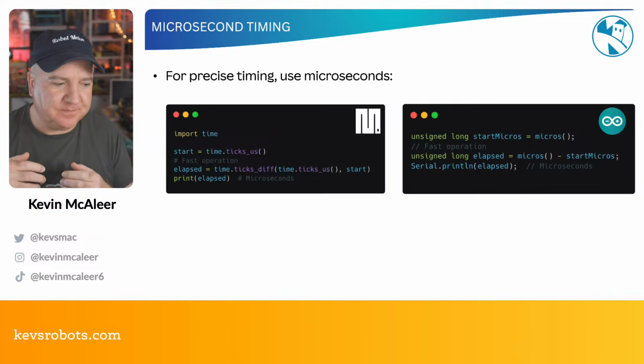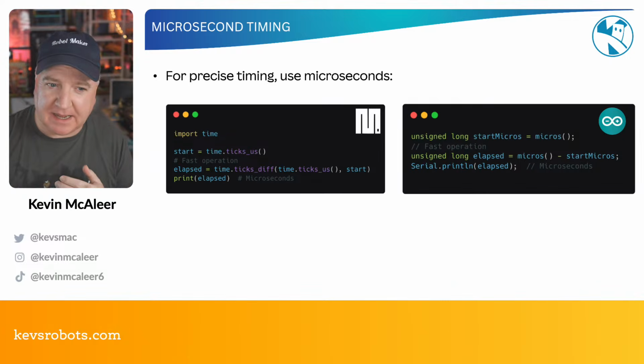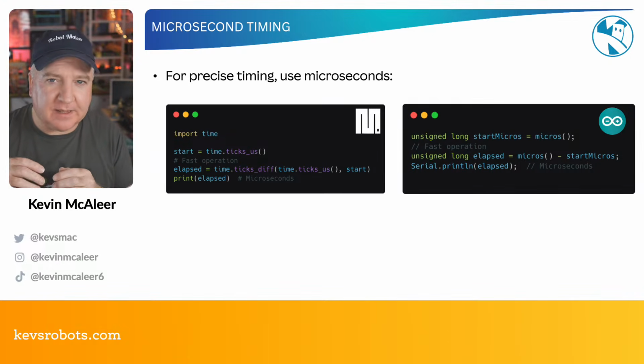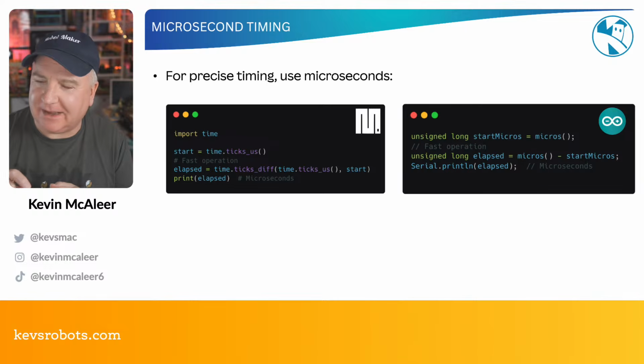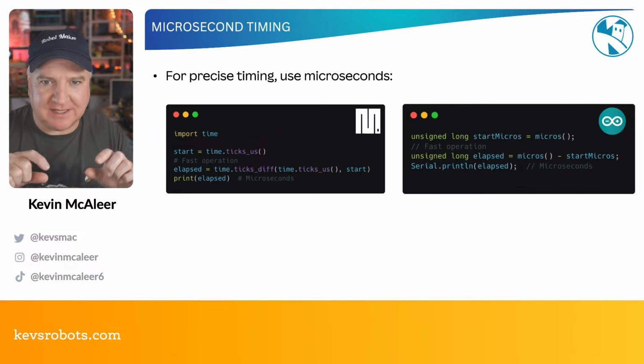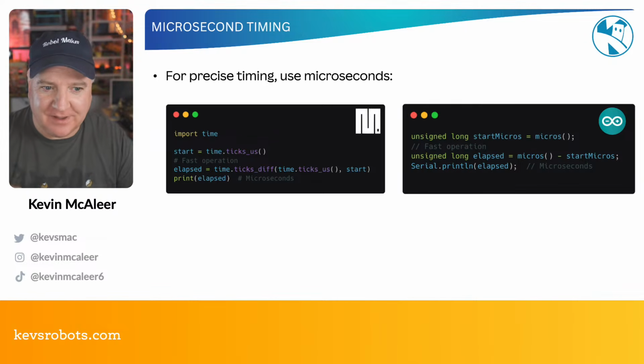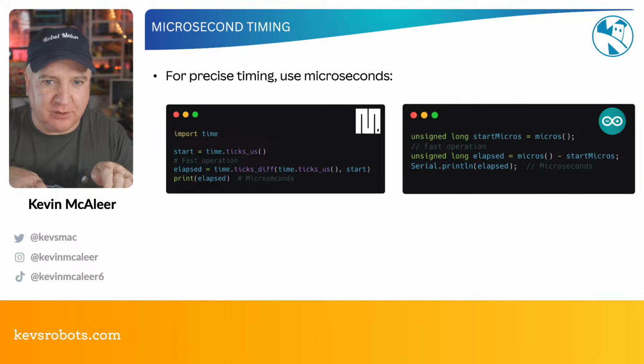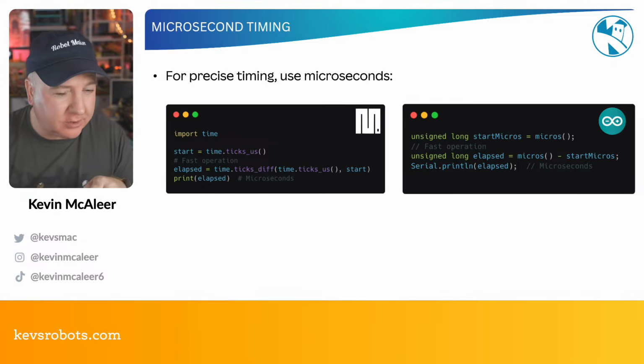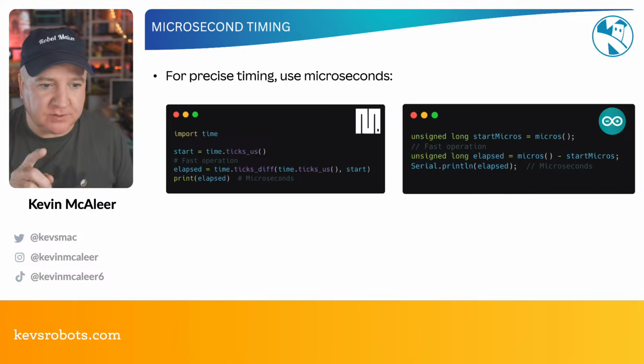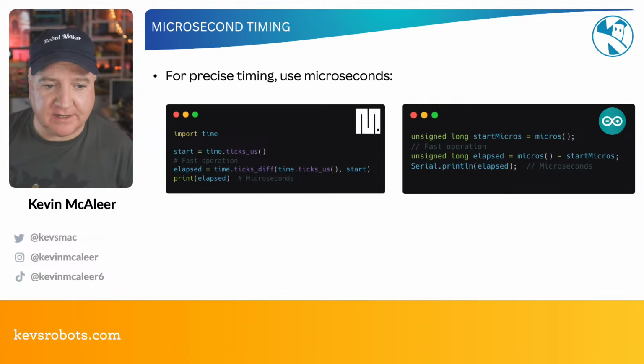If you're counting time, the processor, a bit like a car's mileometer, when it gets to like 999, it'll roll back over to 0. So if you're comparing two numbers and you say that number minus that number and it's gone round the clock, you'll get the wrong number. So using ticks_diff will always make sure that you get the right difference of time elapsed. And typically microcontrollers just start counting the number of microseconds or milliseconds that have elapsed since the chip booted up. So they both work in the same way there.